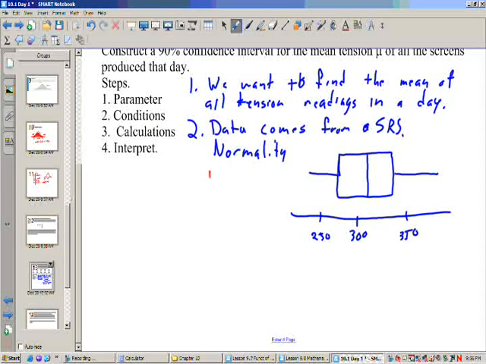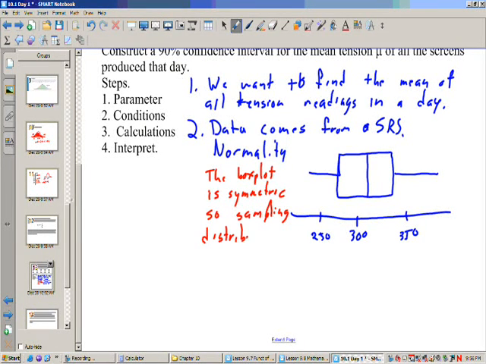So we want to write that. The box plot is symmetric. So sampling distribution is approximately normal.